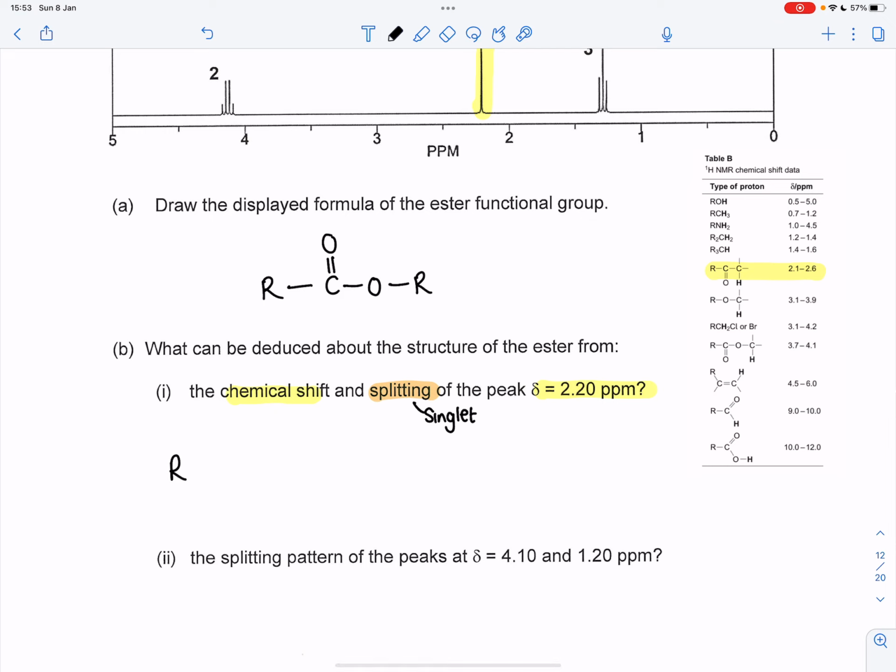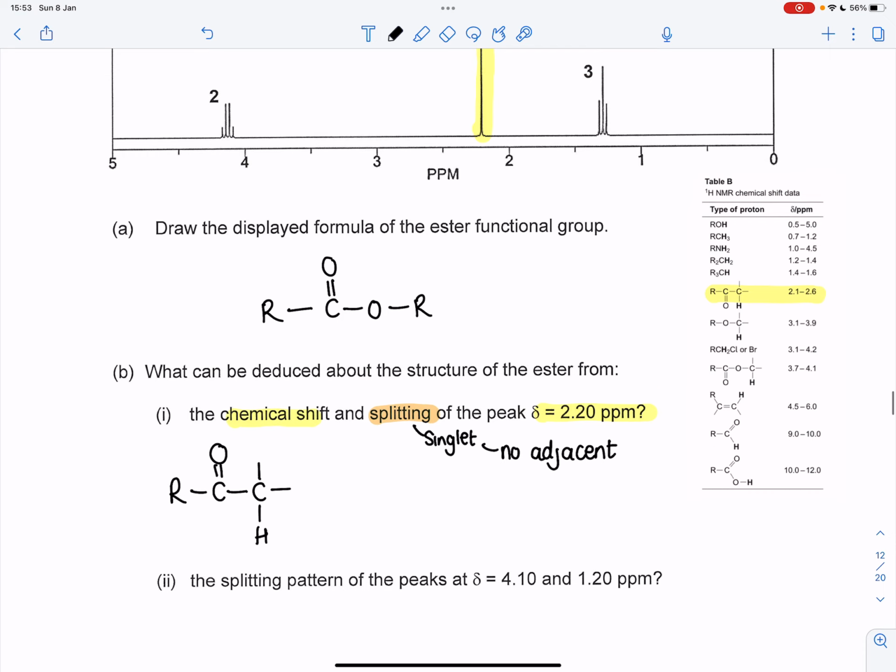Well, the chemical shift says it's a C=O next to a C. So it's this type of hydrogen. The splitting says no adjacent. So there's no hydrogens next door. So we know already from the picture there's no hydrogens on the left. But what we do know also now is that there's no hydrogens attached to the carbon on the right. So there is no carbon on the right.